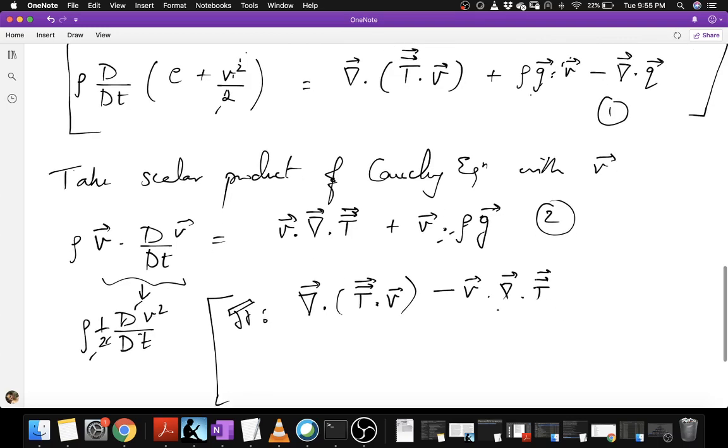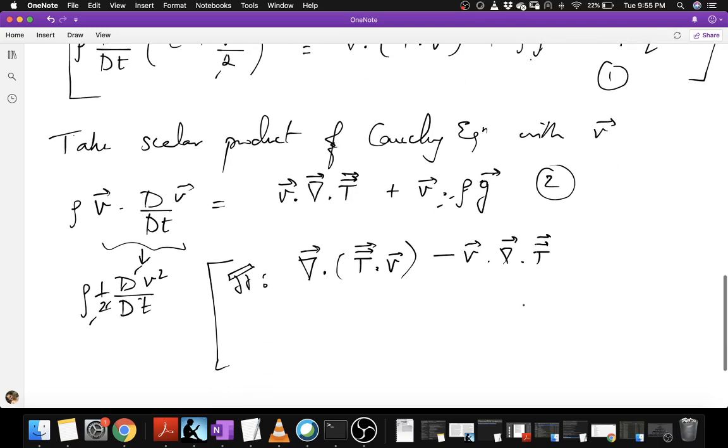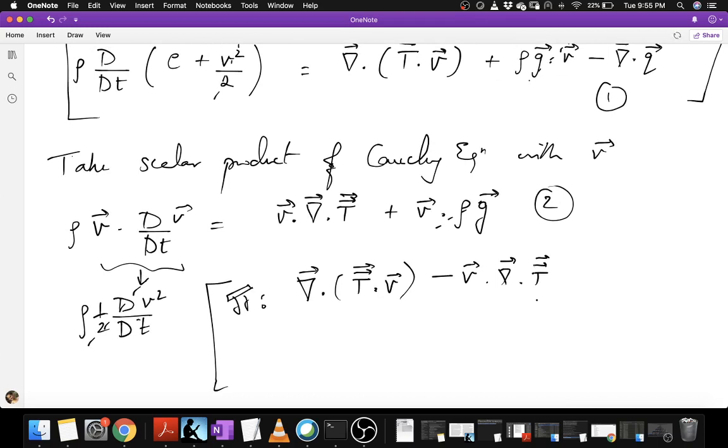I'll give you a reference at the end where all of these identities have been proved, or it's shown how one can prove them quite conveniently using the Einstein notation. The difference between these two quantities can be shown to be the stress tensor times a double dot product with the symmetric part of the velocity gradient tensor. Let's call this identity 3.